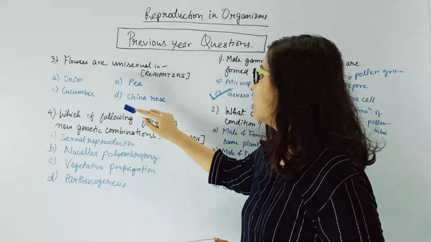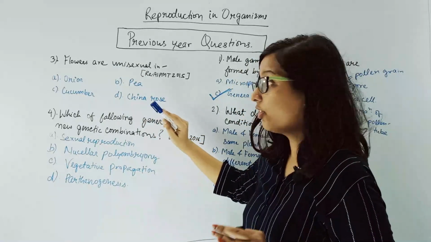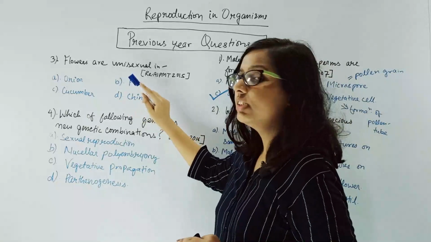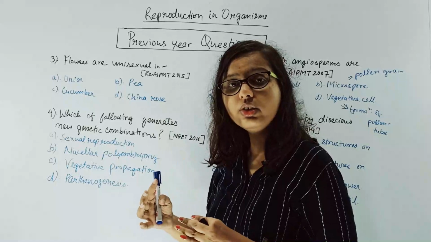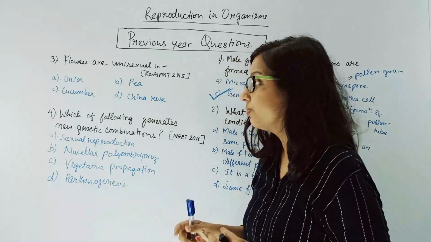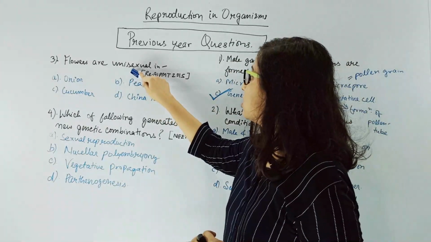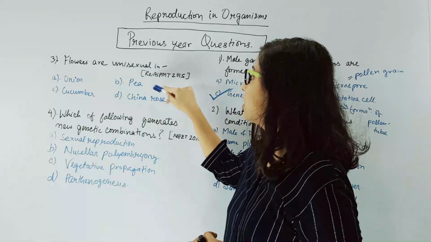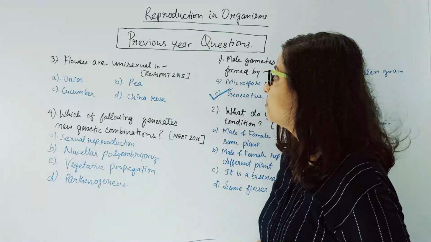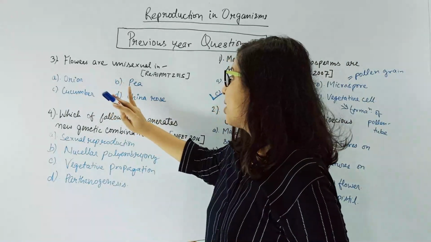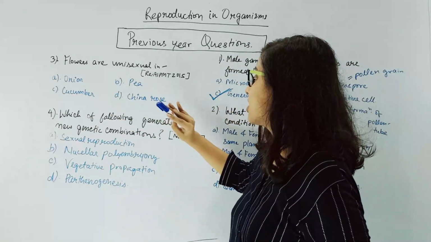So this is a very important question. You have to remember this. This question can be used to supplement your short notes in the board exams also. So, which of these flowers are unisexual? Onion is bisexual, pea is bisexual.